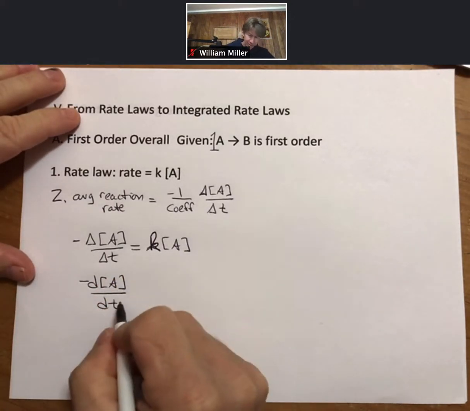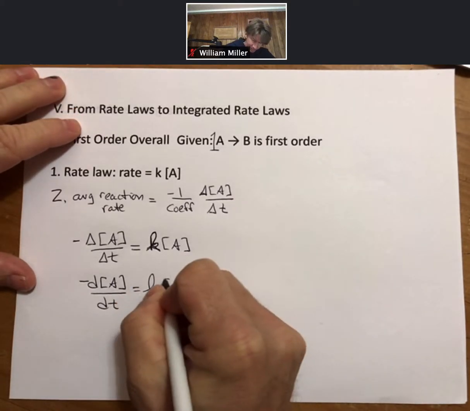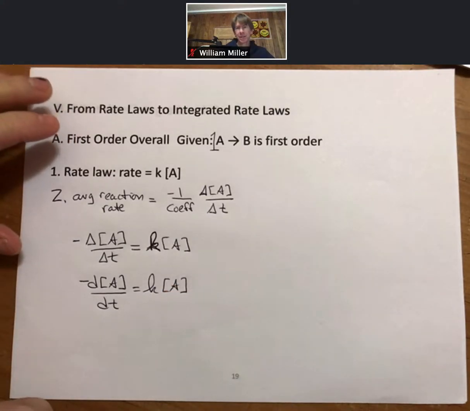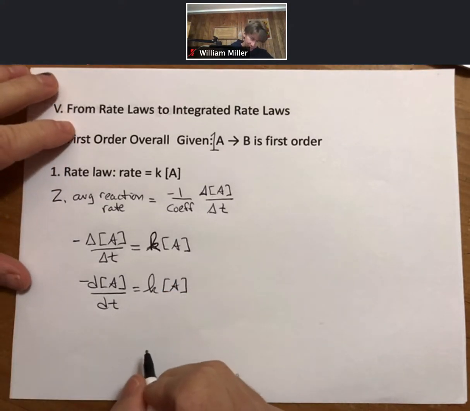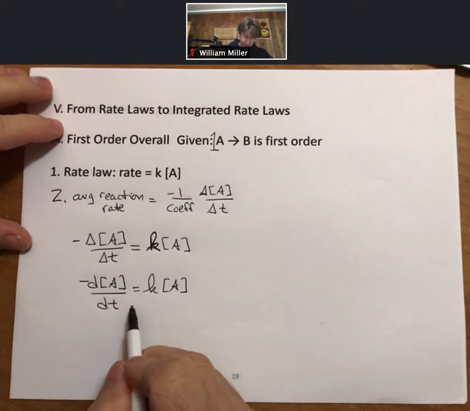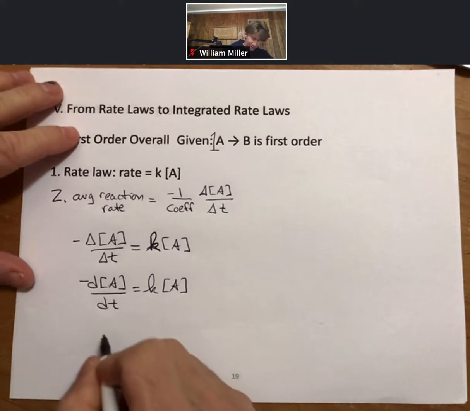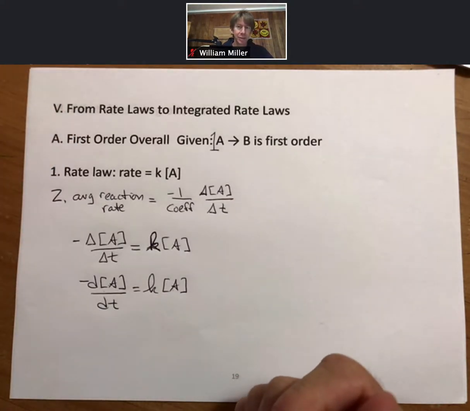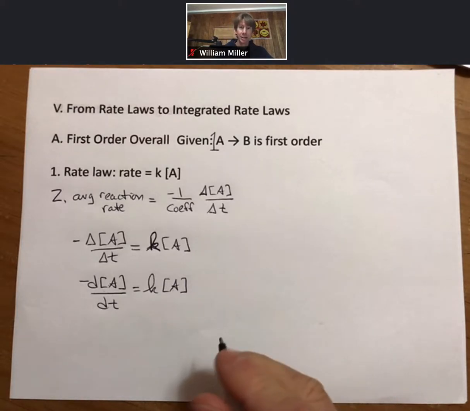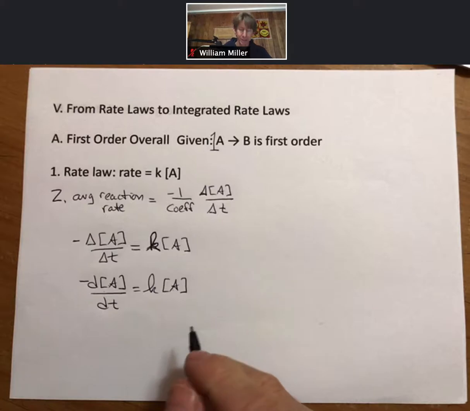And so that's going to be the instantaneous slope equals k times A. What we can then do is separate it so that the A terms are on one side and the t terms are on the other. And so we're prepping this for integration for those of you who have had calculus before. And if you haven't, in this course, we just need the result of this. But just in case, and many of you will take calculus.